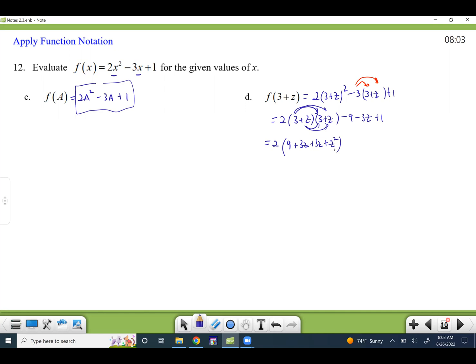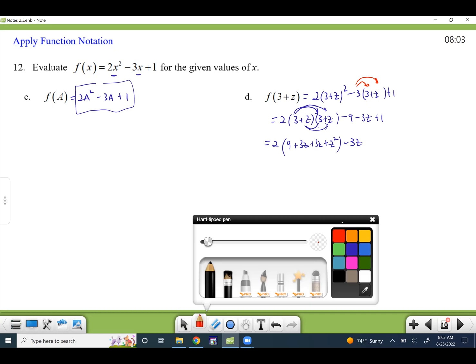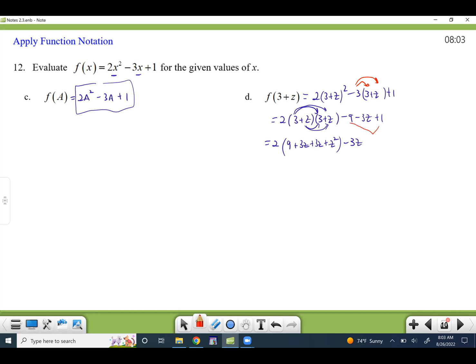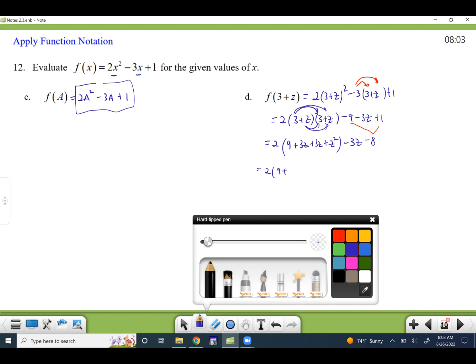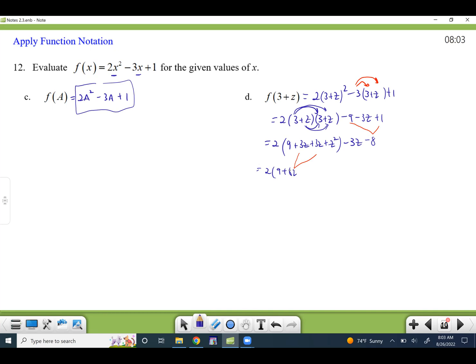All right, and we might as well combine this -9 and +1. So we got -8 there. Okay. And I'm also going to combine the 3z's. So 3z plus 3z gets us 6z.